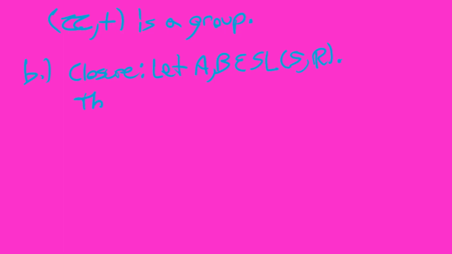So then we have the determinant of AB equals the determinant of A multiplied by the determinant of B, which should be equal to 1. And 1 equals 1, so we are good. We have closure.